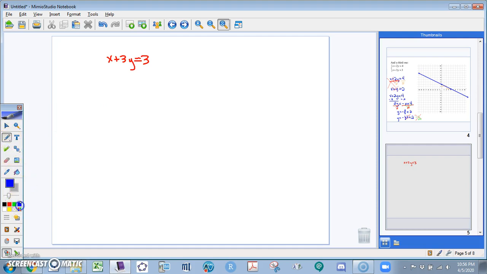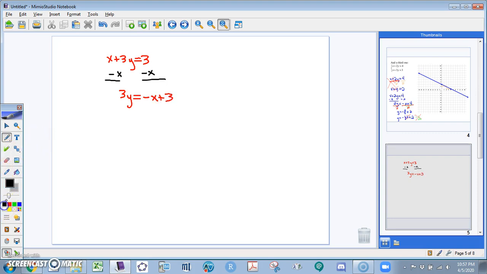So again, I'm going to get rid of the x on both sides, subtract x on both sides. That's going to leave me a 3y on this side, and over here it's going to give me a negative x plus a 3.